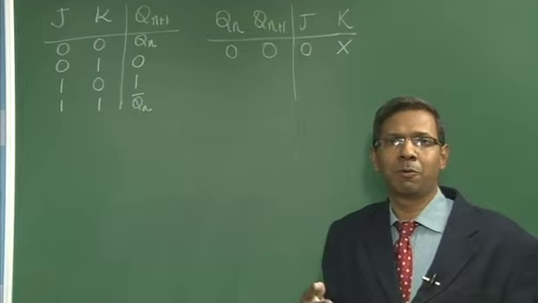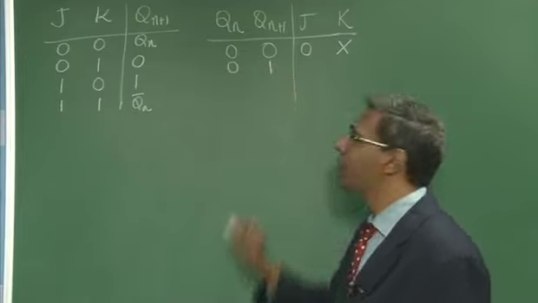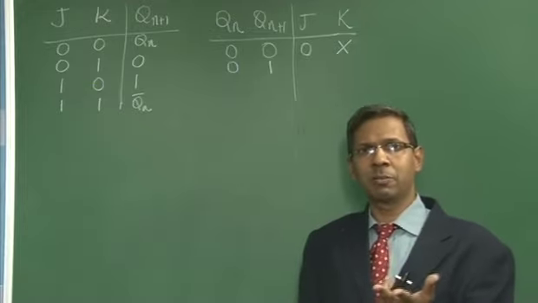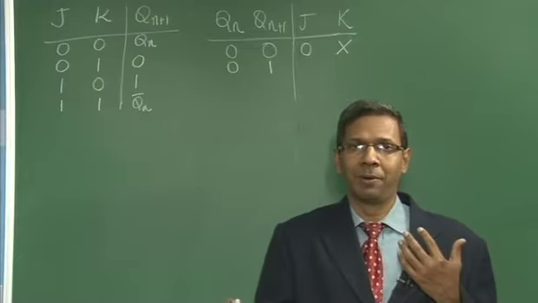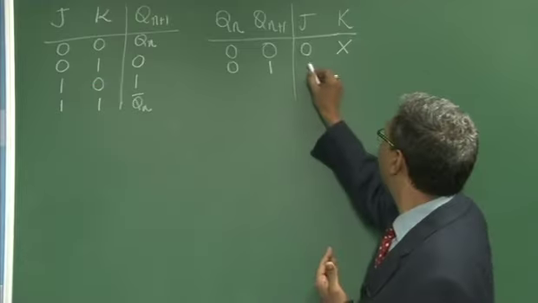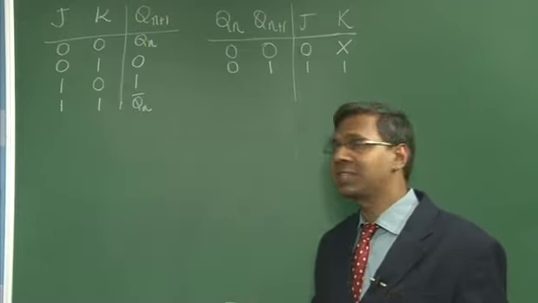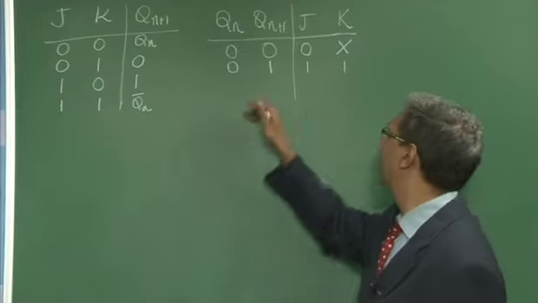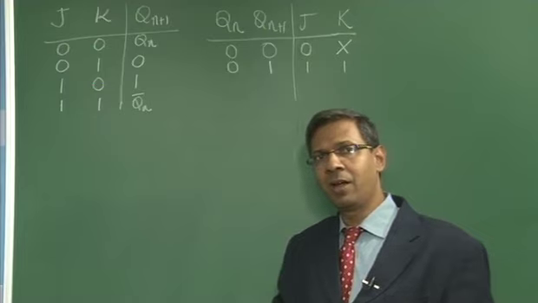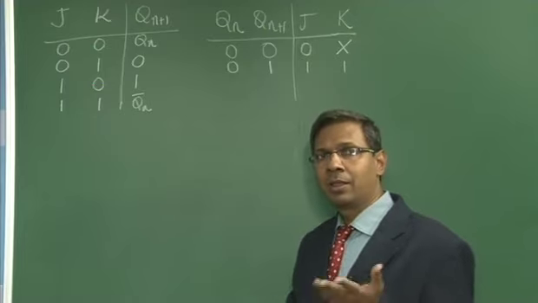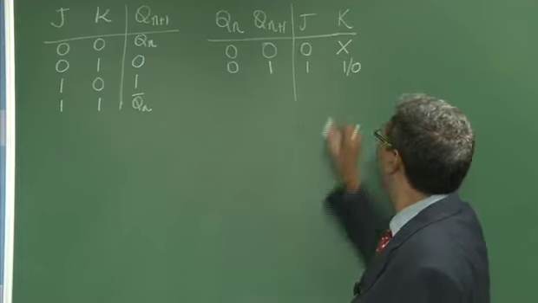Now let us look at another possibility. If the previous output was 0 and the new output I want is 1, what are the possibilities? All of us will again jump and say it can be toggle mode. That means I need to have both J and K as 1. If both J and K are 1, when the next clock comes, the output will toggle from 0 to 1. But is there another possibility here? Yes, if K were to be 0, what will happen now?